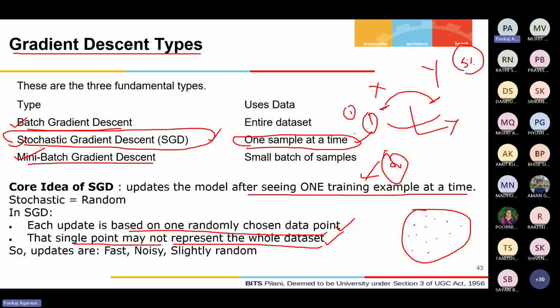Because whenever I have to update the weights using the gradient descent algorithm, it is fast, but the overall process becomes slow because I'm taking one iteration at a time. Updates are fast means that the weights get updated very nicely and very fast.